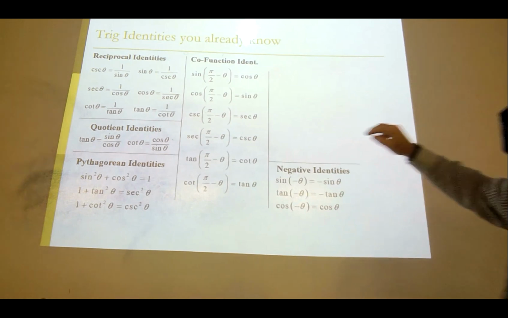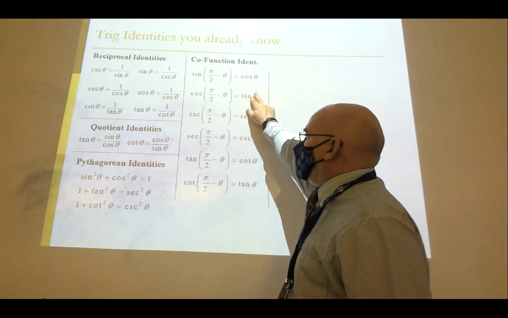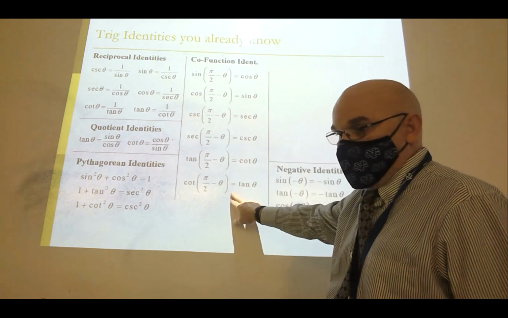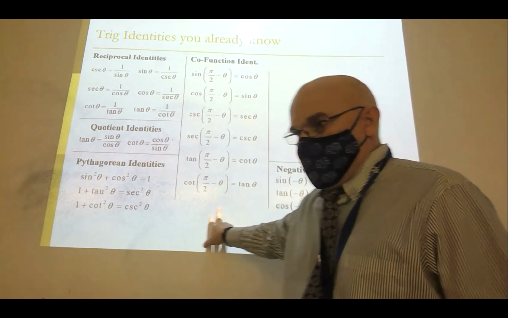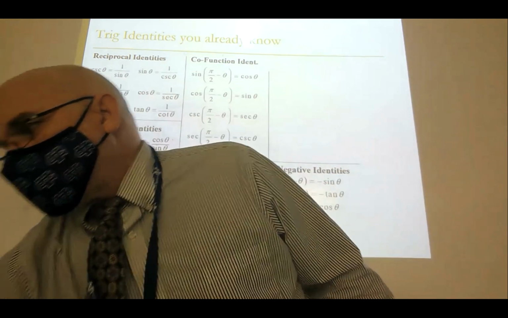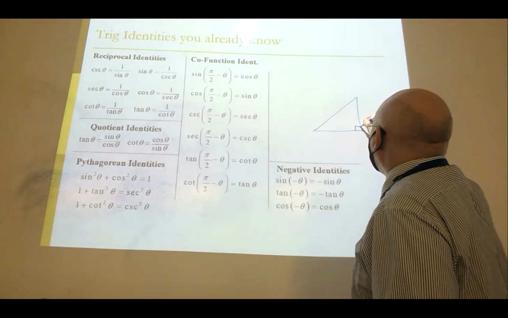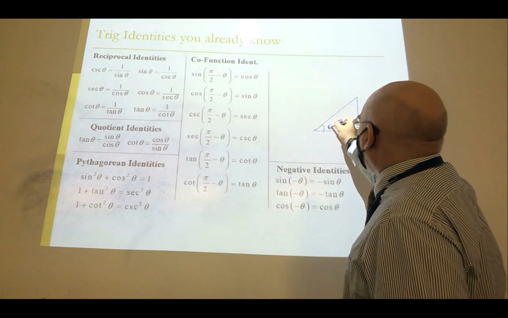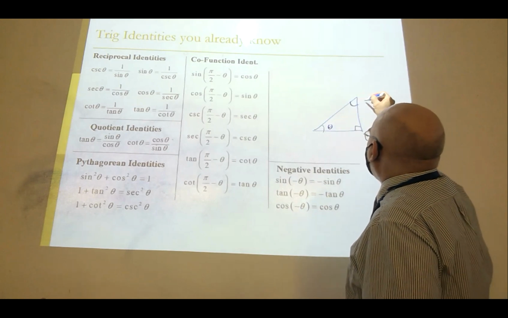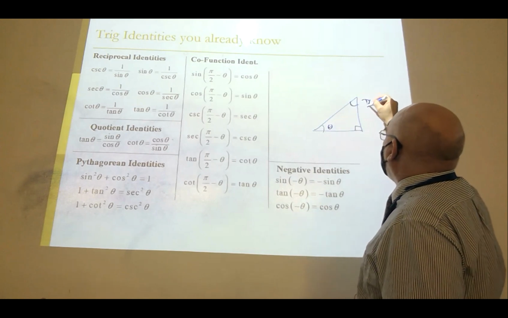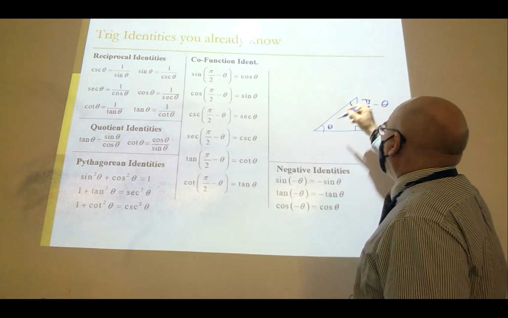We talked about cofunction identities, the angles within a right triangle. If I have a right triangle, and if this is angle theta, this angle up here is going to be pi over 2 minus theta.